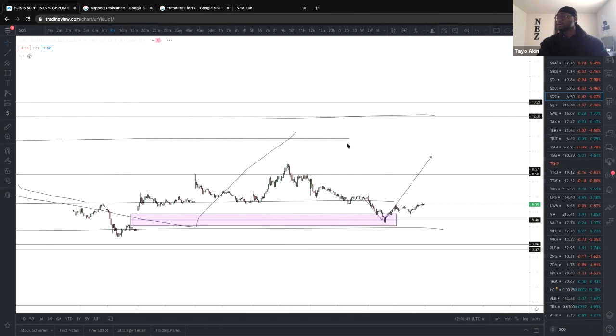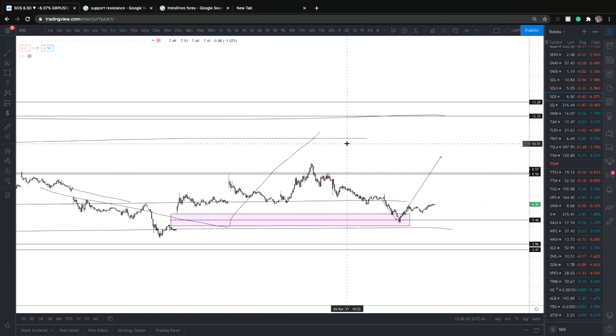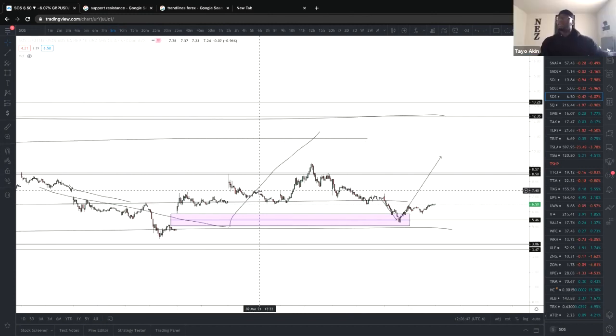Okay. Let me close my TradingView on my phone and my iPad real quickly, because I don't know why it's making me. Hold on, give me a second. Let me just close the apps real quick.